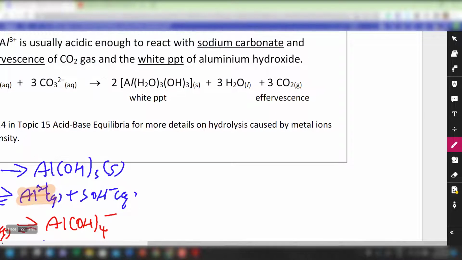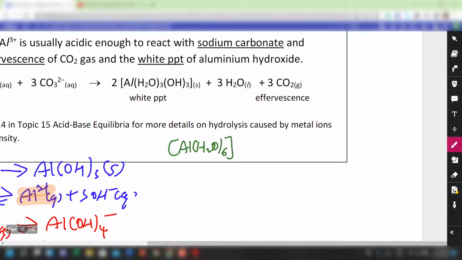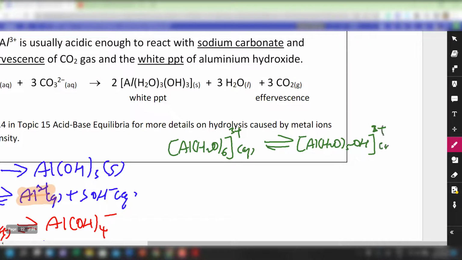As all of us know, Al3+ in the aqueous phase exists as the hexaaqua aluminum(III) complex, which will ionize partially due to the high charge density of the aluminum center. In the process it gives us this particular new complex, 2+ equals plus H+. This is equilibrium 1.